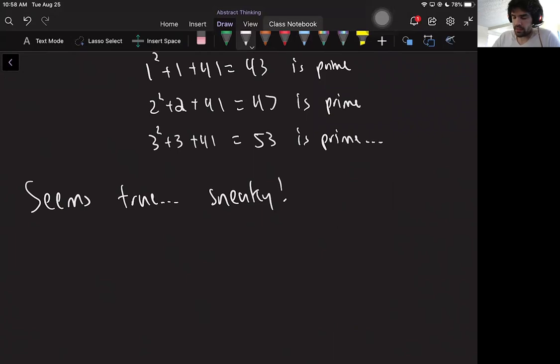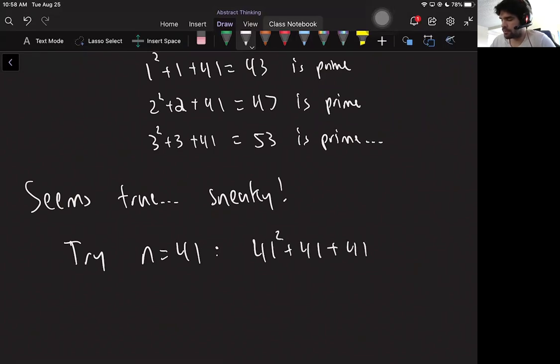So if I try something else, try 41. It would have taken me a long time to get to 41 if I started plugging everything in. But 41 will show us that it's actually false.